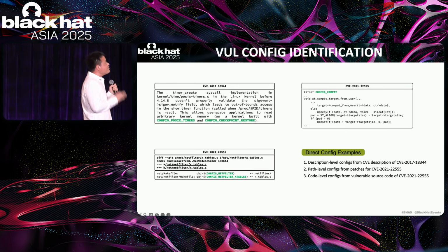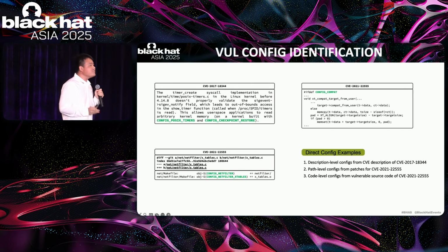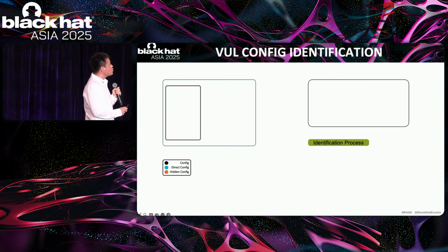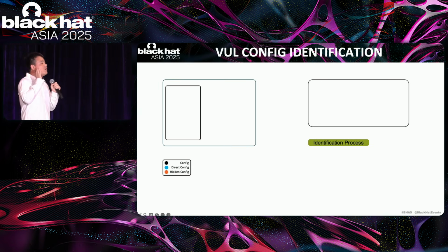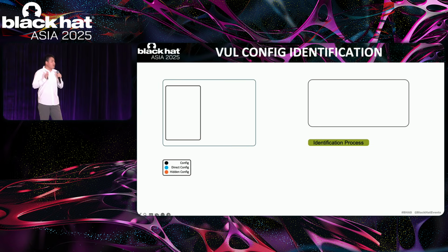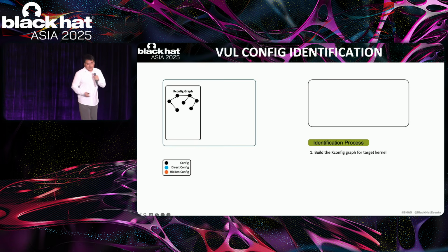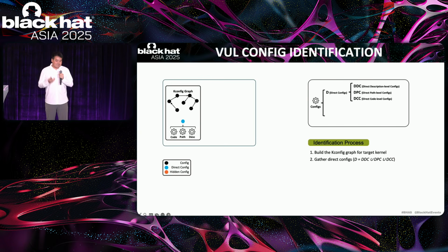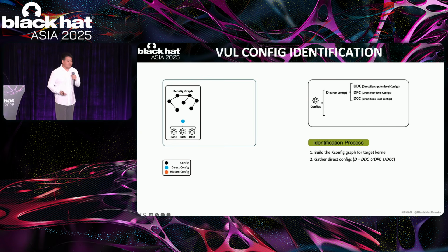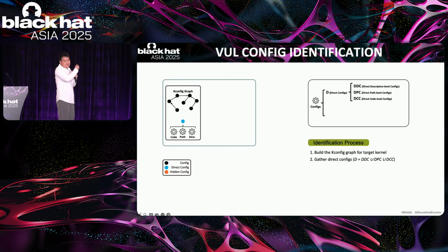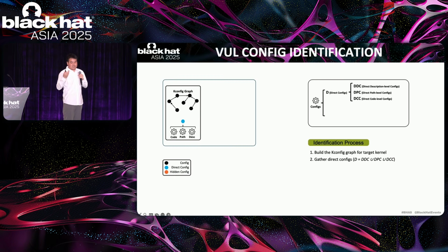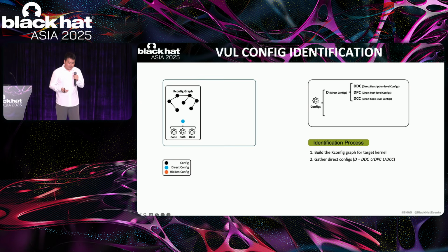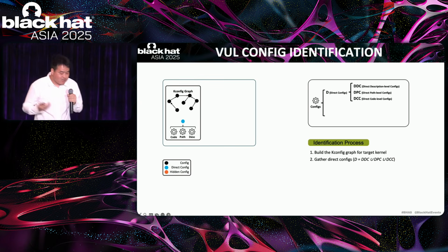Given the seed, or the basis of the direct configs, next we use a graph to represent the configs in the kernel, to mine what configs are required. Given the key config graph, we first gather the direct configs we described in the last slide. They include the description-level configs, patch-level configs and code-level configs.